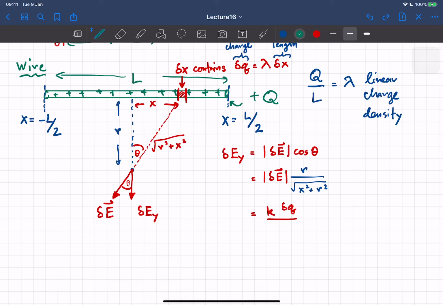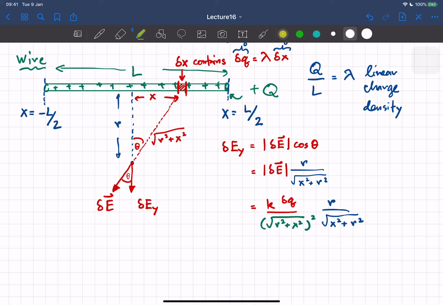So it's going to be the square root of r squared plus x squared. That's the distance, so that's squared here. And then, of course, you still need to multiply by cosine, which is the same as what we have in the previous line.